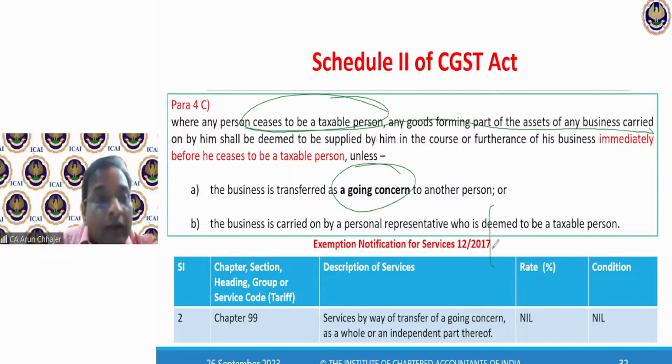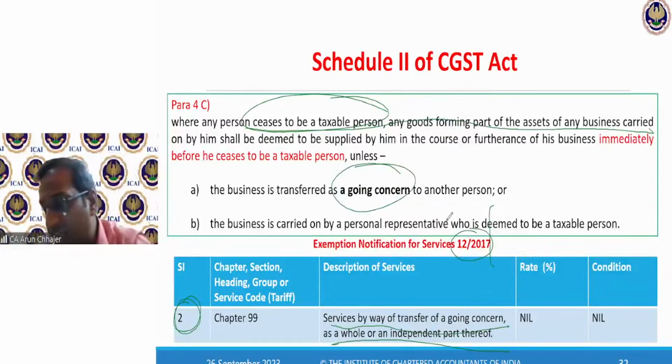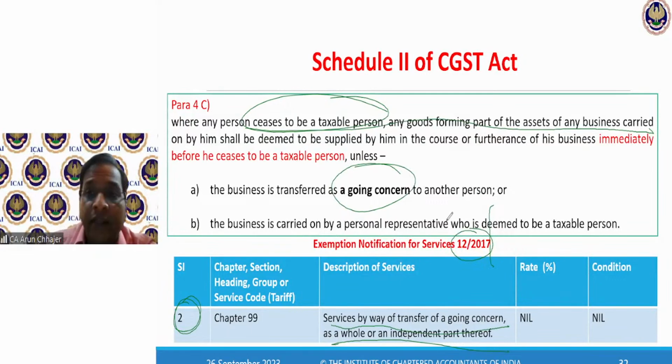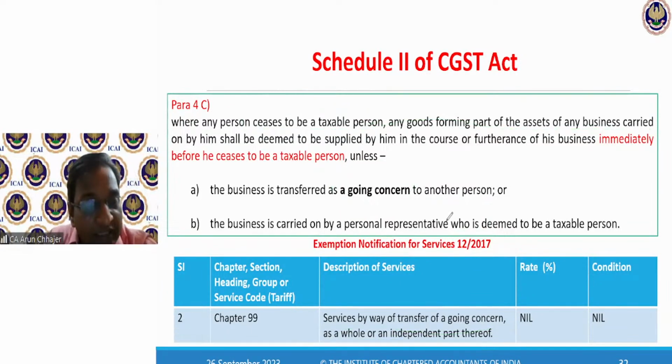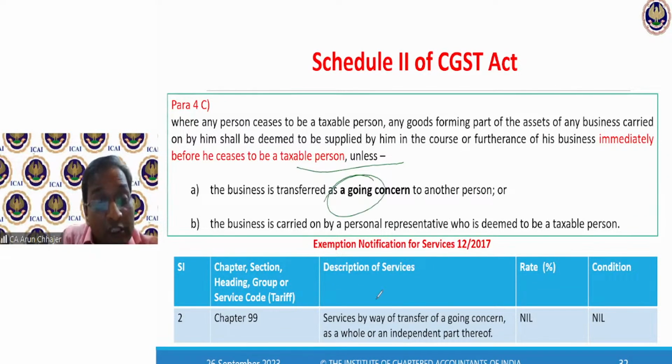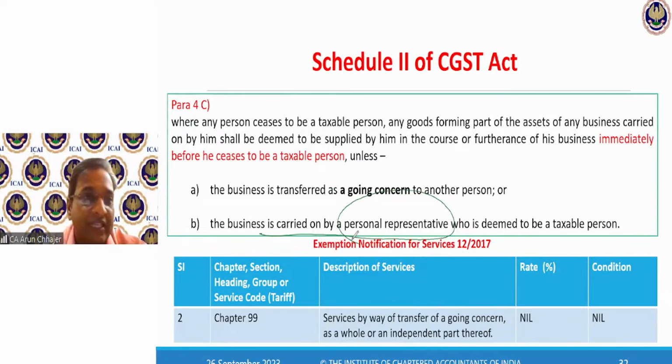If you read the relevant exemptions, you will find that service by way of transfer of a going concern is covered in the exemption notification. So it means if it is not a going concern, it will be taxable as goods. If it is transferred as a going concern, it is not goods, not service, and also it is an exempted service. So it can be transferred as a going concern, or the business is being carried on by the personal representative who is deemed to be the taxable person.